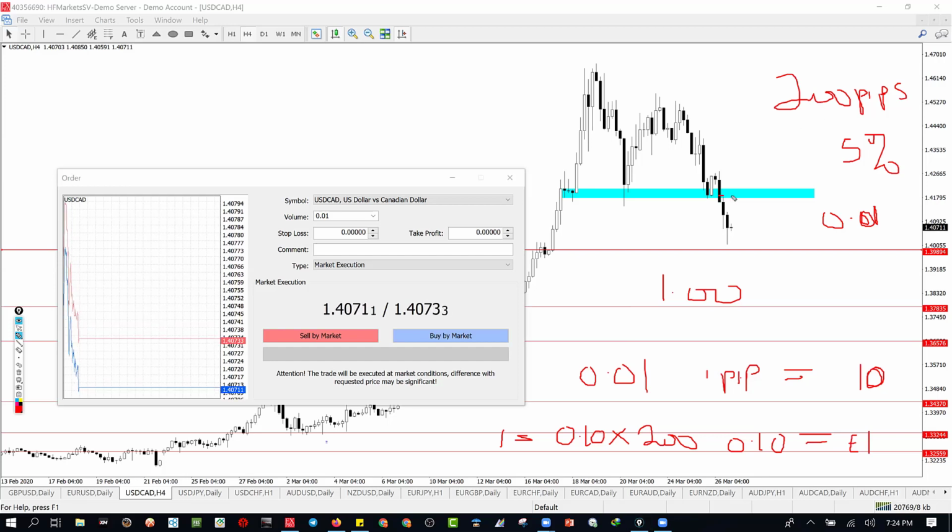So that means right here, we are risking €20 on our trading account. If you're going to risk 5%, which is 50, you can take 0.02. If you take 0.02, you are risking €40. And if you take 0.03, you are risking €60.